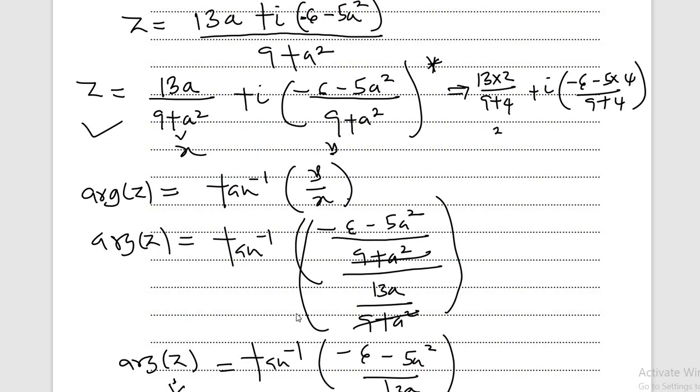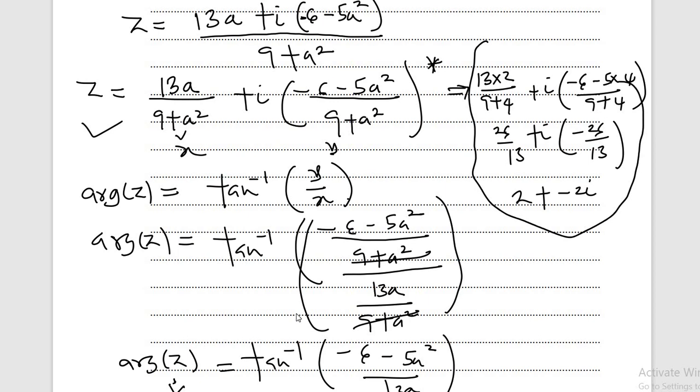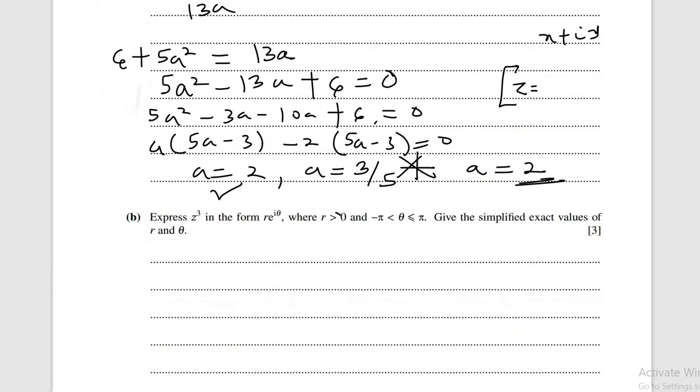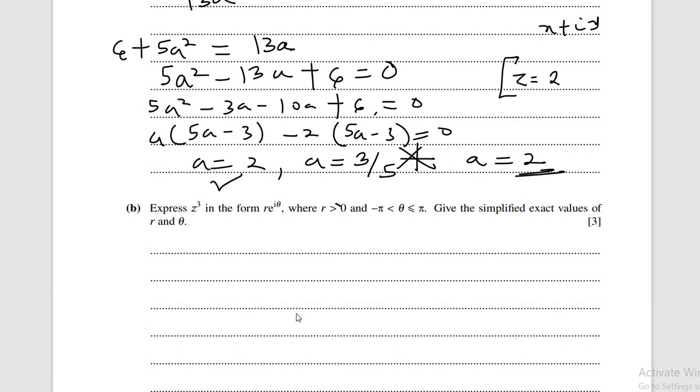At the end of the day, 26 over 13 plus i minus 6 minus 20 minus 26 over 13. We have 2 plus minus 2i. So the final answer for z will be 2 minus 2i. Okay, that's it.